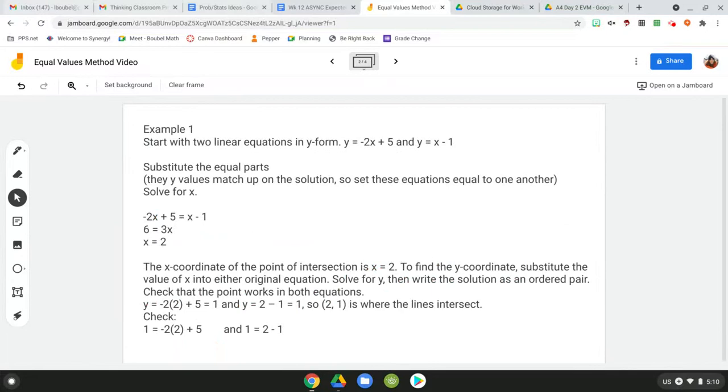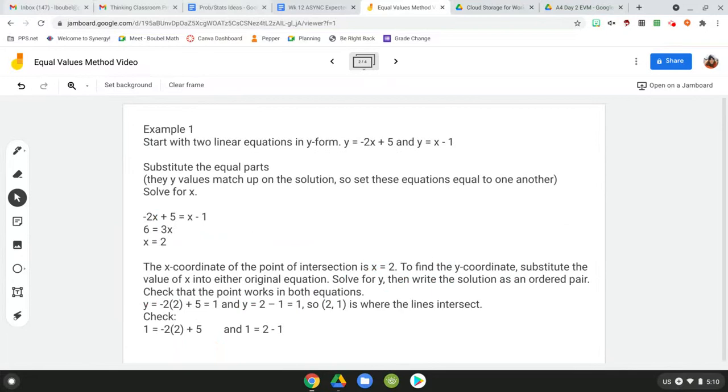So instead of writing y equals negative 2x plus 5 and y equals x minus 1, we can say the first equation needs to equal the second equation at that point. So instead we write negative 2x plus 5 equals x minus 1.